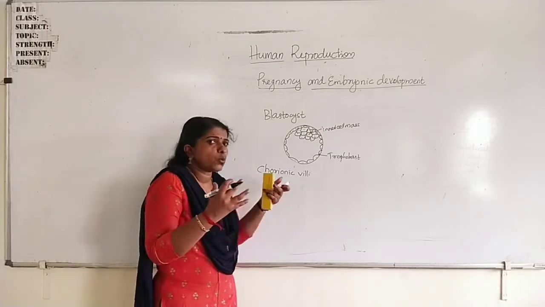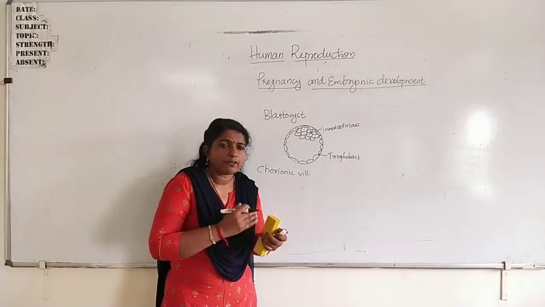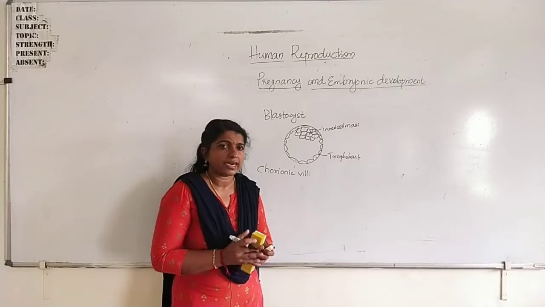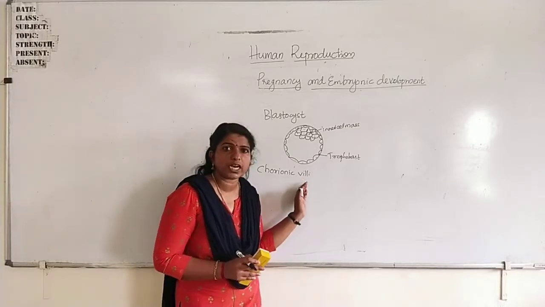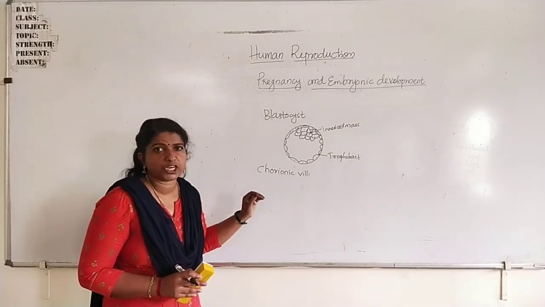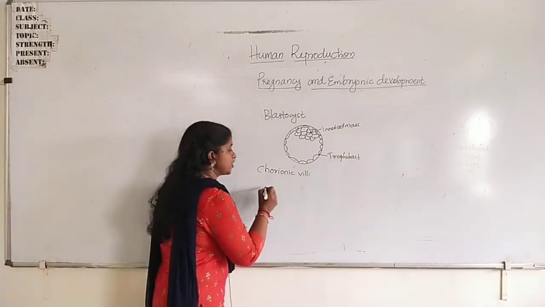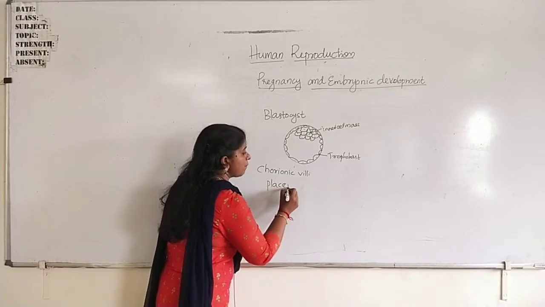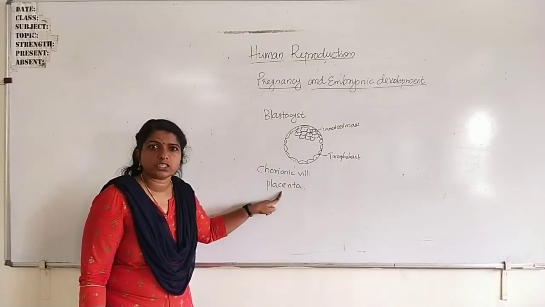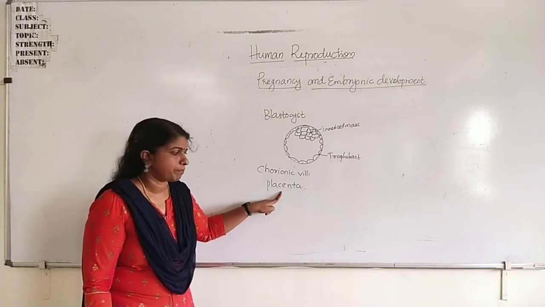They are so interconnected that they form a special disc-like structure, the structural and functional unit between the developing embryo and the maternal body, and that special structure is known as the placenta. This is the special disc-like structure that develops at the time of pregnancy.